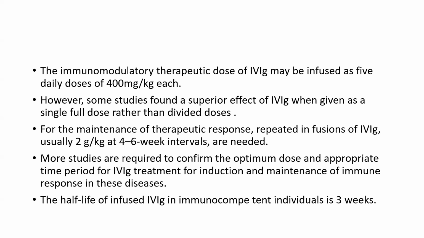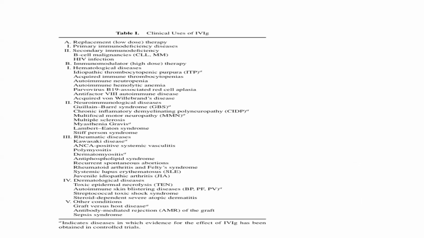More studies are required to confirm the optimum dose and appropriate time period for IVIG treatment for induction and maintenance of immune response in these diseases. The half-life of infused IVIG in an immunocompetent individual is 3 weeks.